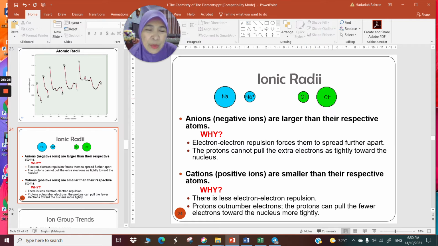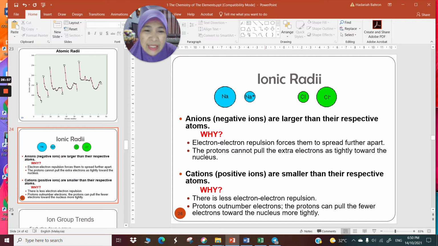For example, chlorine, to become chloride, you have to add 1 electron, and the size of chloride is a lot bigger than chlorine because the additional electron that you put is going to repel the others. The electron-electron repulsion force will spread the electrons further apart, making the size of this anion bigger than its parent atom.